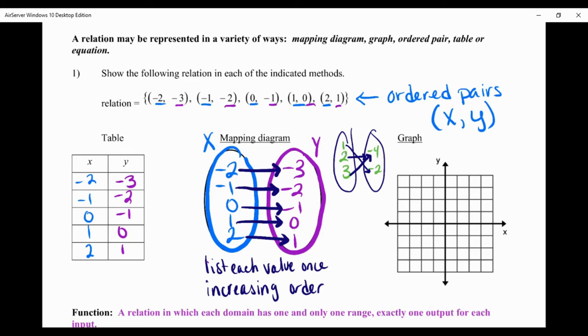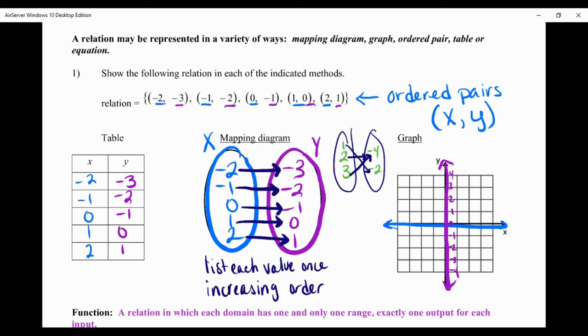So now for the graph. We want to plot these points using the horizontal axis for the x values, and this vertical axis is for our y values. So for example, for y it'd be 1, 2, 3, 4. 0 is at the middle there, -1, -2, -3, -4.